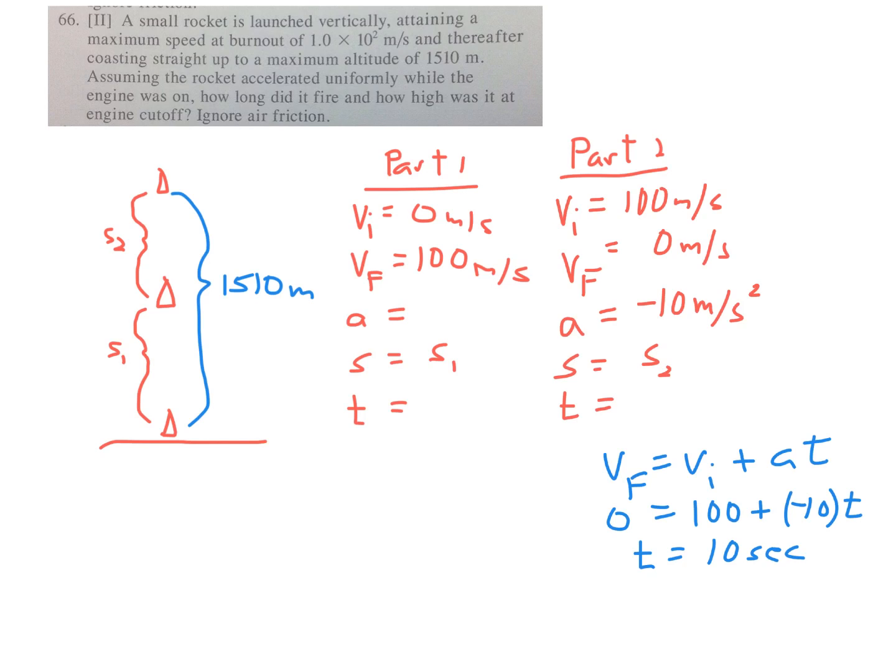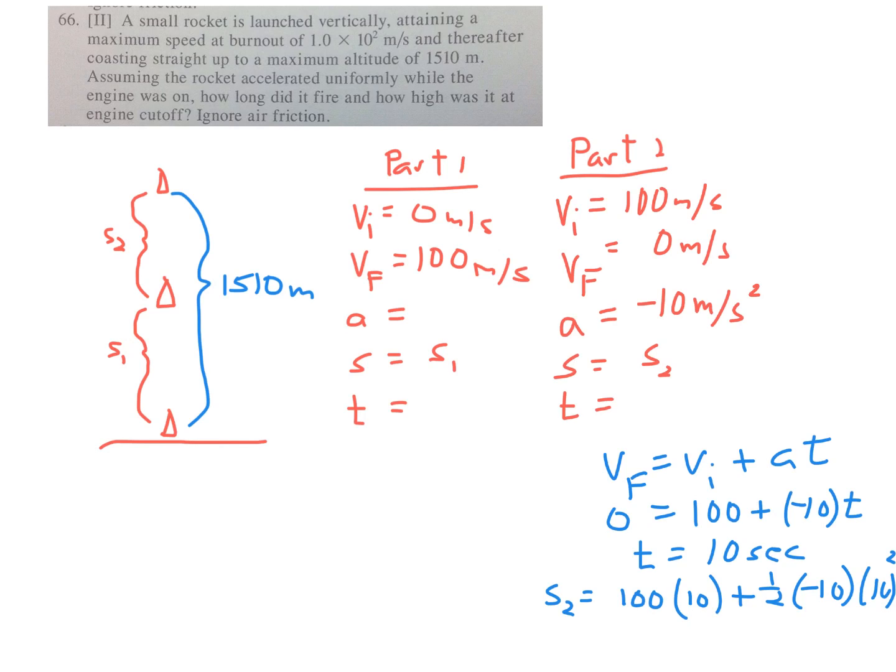And then you need to plug in and figure out what your S is. You could figure it out using one of the other equations, probably the third equation: S sub 2 is going to be equal to V sub I times T, so 100 times T, which is 10, plus 1/2 AT squared, so negative 10 times 10 squared.